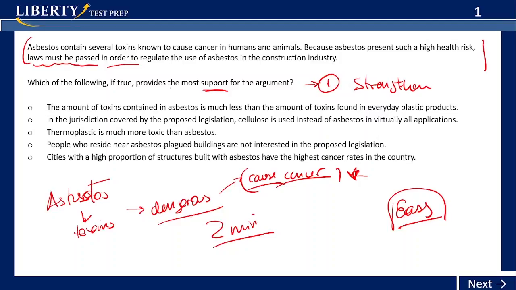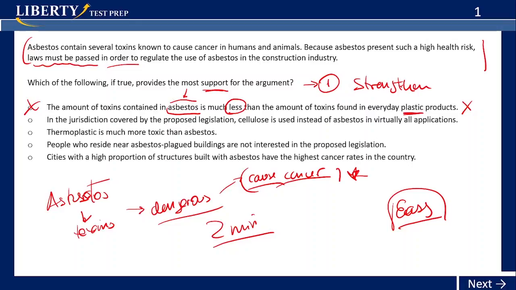Okay, so now let's see the first one. The amount of toxins contained in asbestos is much less than the amount of toxins found in everyday plastic products. It's very easy for us to eliminate this, all right? This one's wrong. Why? Because if anything, they're whitewashing asbestos, right? They are saying that asbestos contains fewer toxins than other plastic products.